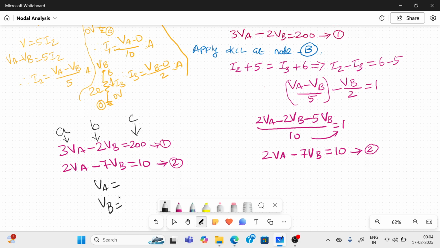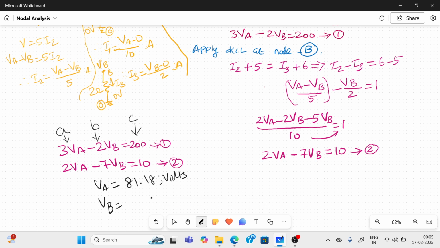By solving this, 3 minus 2, 200, then 2 minus 7, 10. For solving this, the answer is VA equal to 81.18 volts.